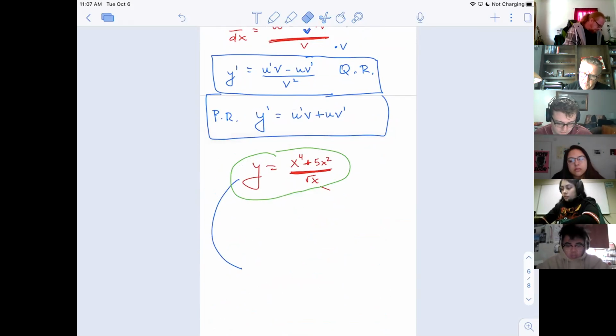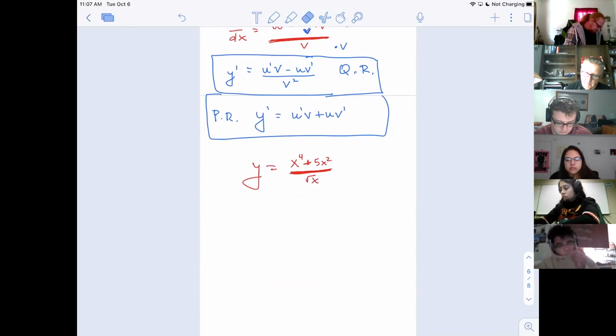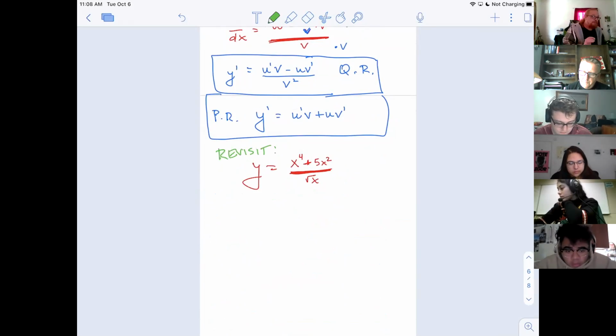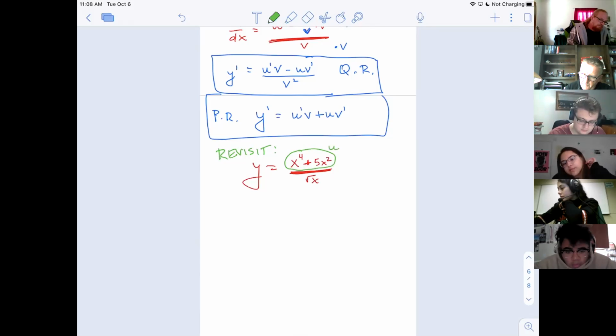I'd just like to give you a minute to get ahead of me here a little bit. See if you can do that with the quotient rule, understanding that this entire top function is the u, and this entire bottom function is the v.